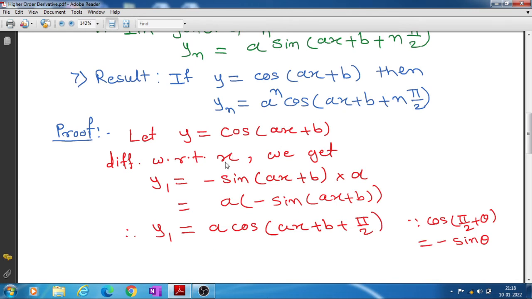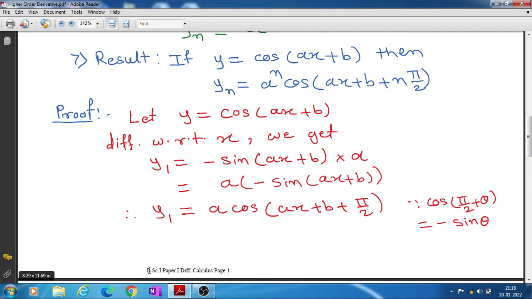So let us see, here y = cos(ax + b). Now when we differentiate this, we get minus sin(ax + b) into the derivative of (ax + b), which is a. So here is a into minus sin(ax + b).